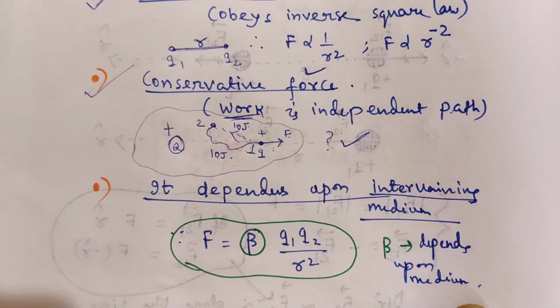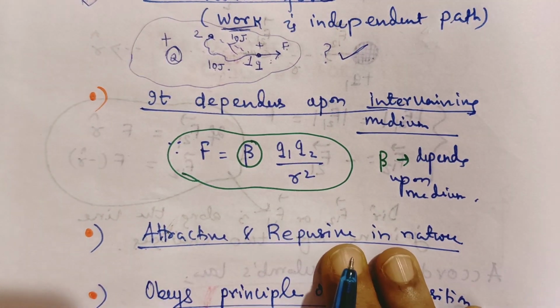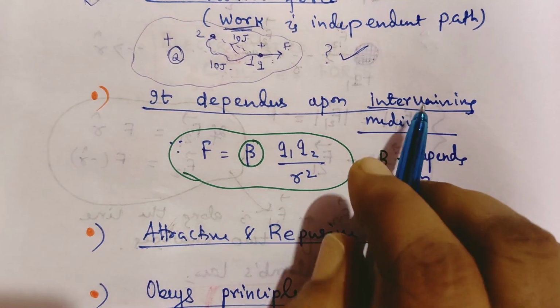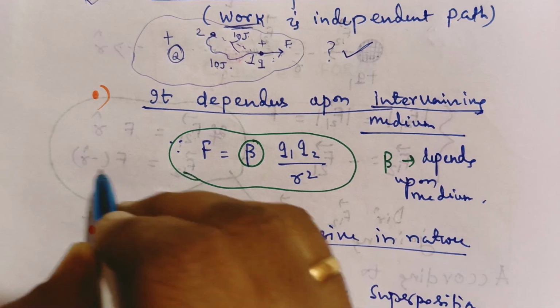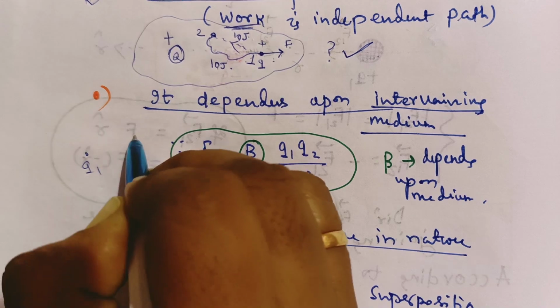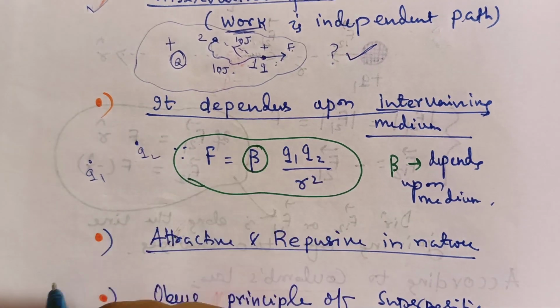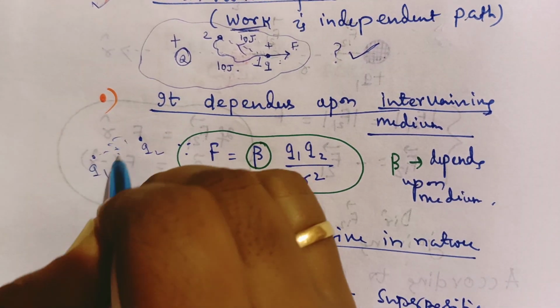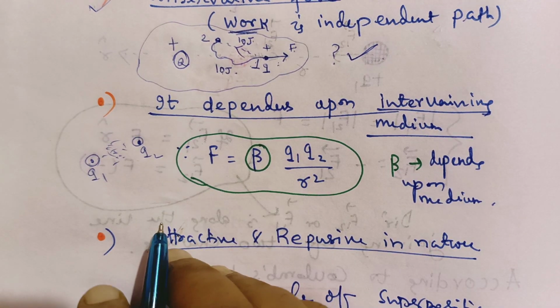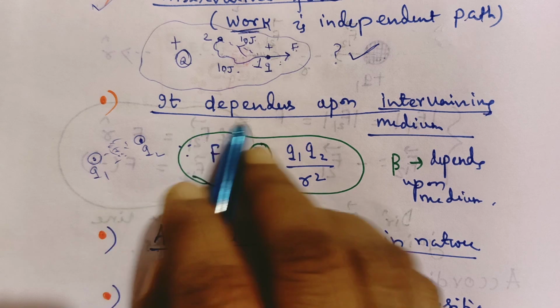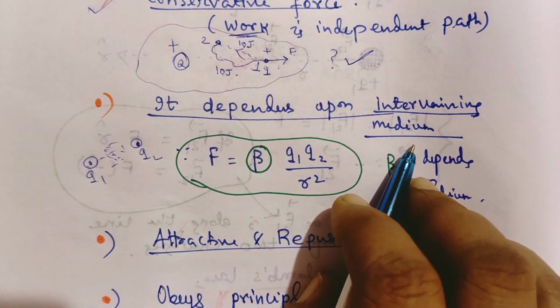Now the next point: it depends upon the intervening medium. Intervening means the medium in the middle. Here charge q1 is here and charge q2 is here, and this represents the medium in between the two charged particles.